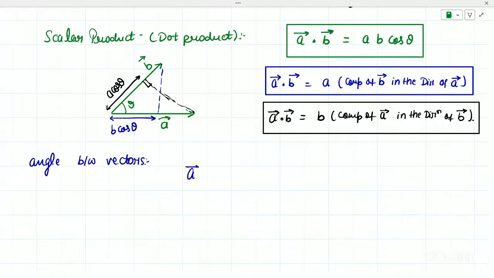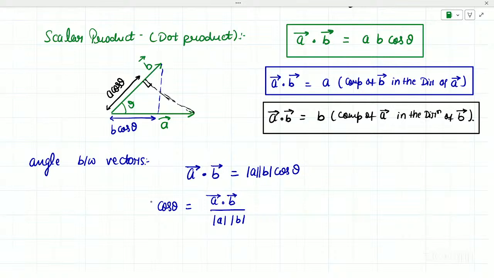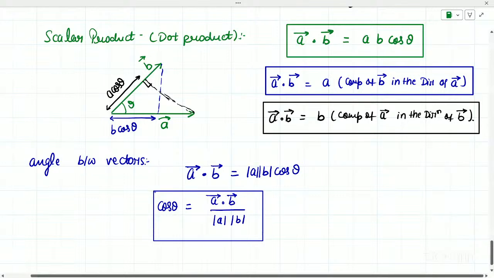We know that A vector dot B vector is equal to AB cos theta. So cos theta here is A dot B divided by the magnitude of A times the magnitude of B. I am directly writing that. So this is how you can calculate the angle between two vectors.